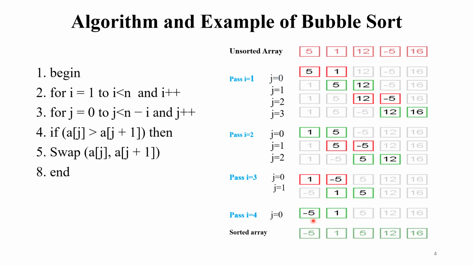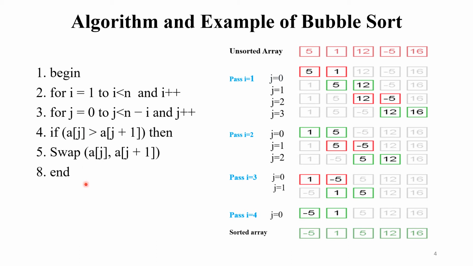So minus 5 is less than 1, that's why we do not exchange anything. So we got our sorted array, that is minus 5, 1, 5, 12 and 16.